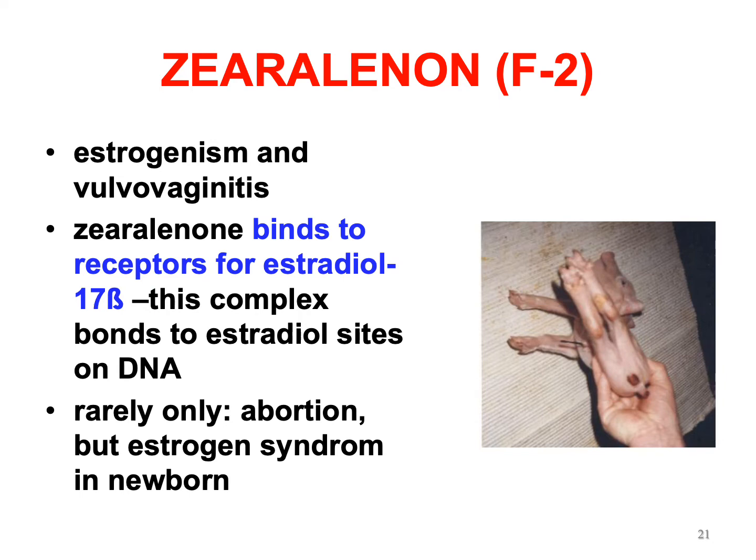Rarely only comes the abortion, but the so-called estrogen syndrome in the newborn piglets, with swollen genitalia and sway back, and high mortality of the sows affected during the last third of the pregnancy.